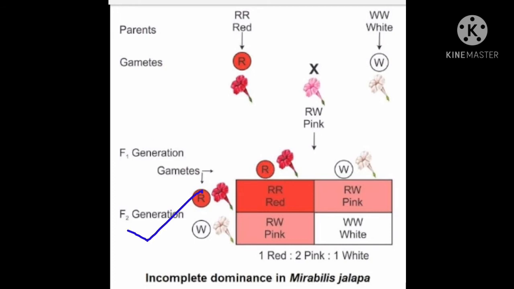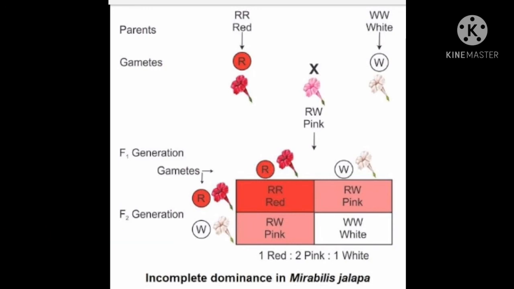It shows RR, that is red, then RW, pink, and WW, that is white, in the ratio 1:2:1. That is 1 red, 2 pink and 1 white. In incomplete dominance the phenotypic as well as the genotypic ratio is the same, that is 1:2:1.